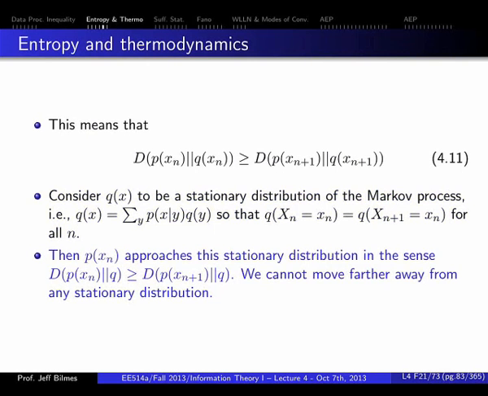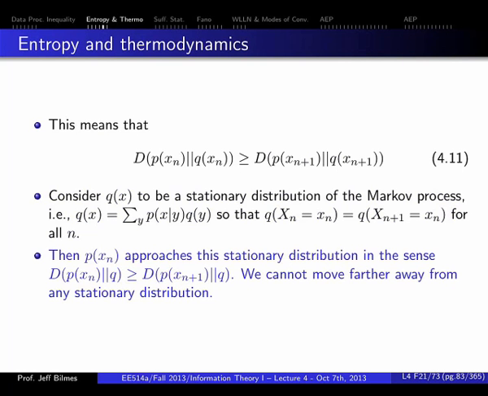So P of xn may or may not be a stationary distribution. What it's saying is that Q is not changing over time, because Q is stationary. What it's saying is that P can only get closer to a given stationary distribution under the same dynamics.